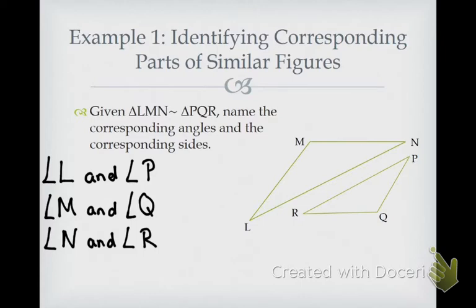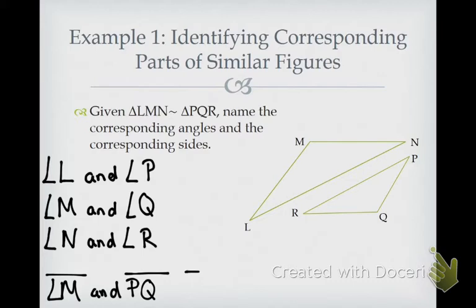All right, well, here's one side, side LM. That's the first side here in my sequence. So side LM and side PQ are corresponding. Can you find another pair of corresponding sides? What would it be, Janie?